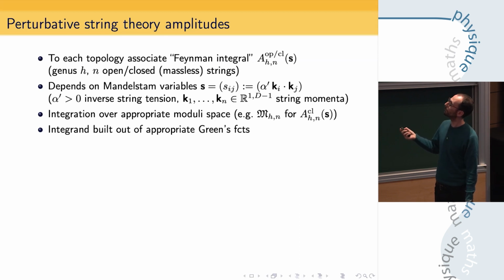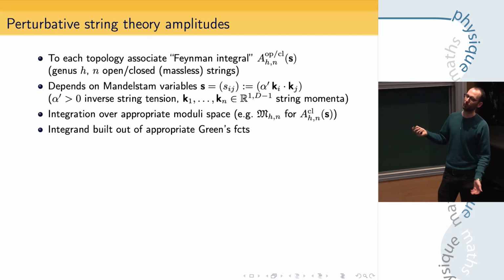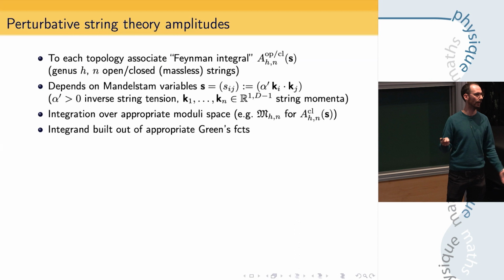They could be open strings or closed strings, and they depend on so-called Mandelstam variables, which are given by alpha prime, which is the inverse string tension, times the scalar product of the momenta of the particles. So these live in R^{1,D-1}. D depends on the string theory you are considering, but then you can, in fact, extend these functions to functions of complex variables s. That's what you would like to think of.